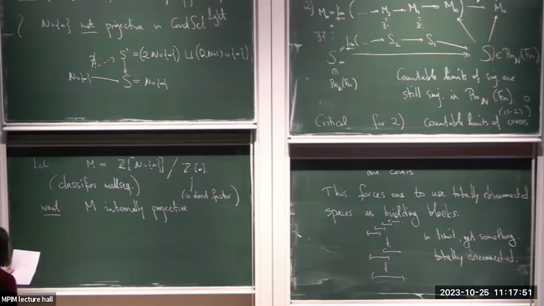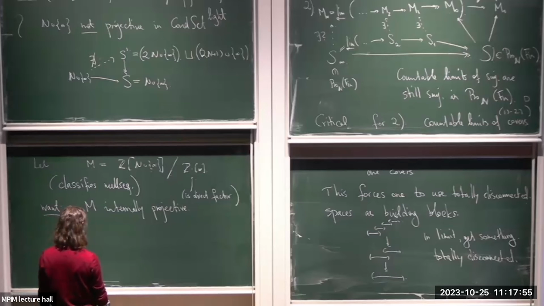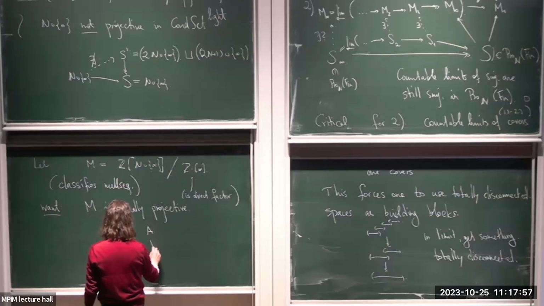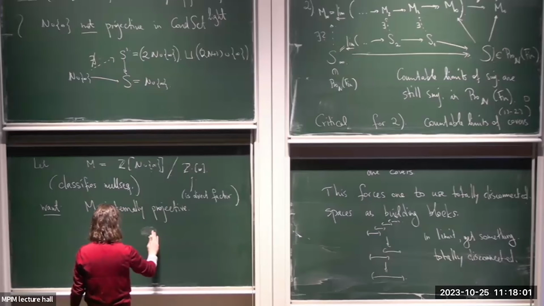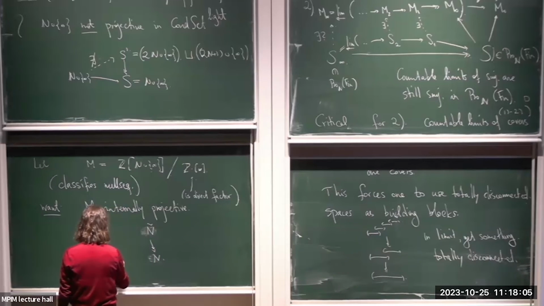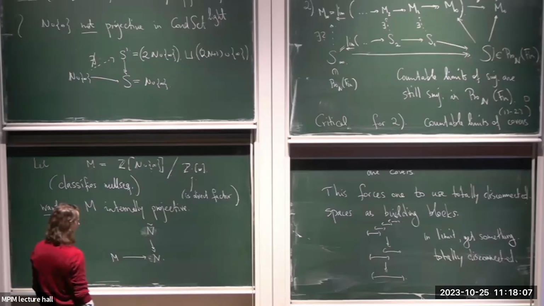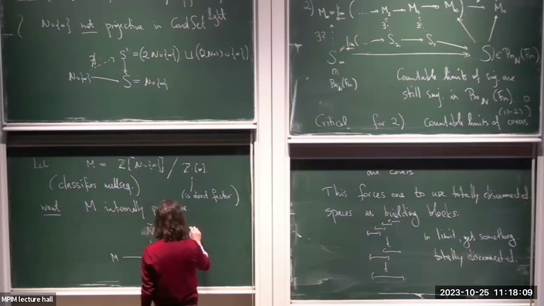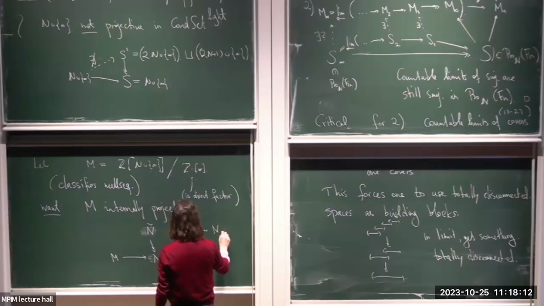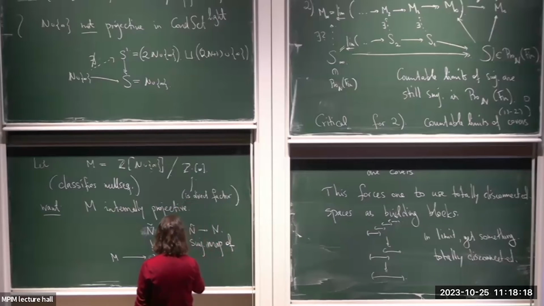All right, so let's call them A and B, oh no, because I've already used them. Let's call them N tilde projecting down to N. And I have this map, so N tilde to N is a surjective map of light condensed abelian groups.